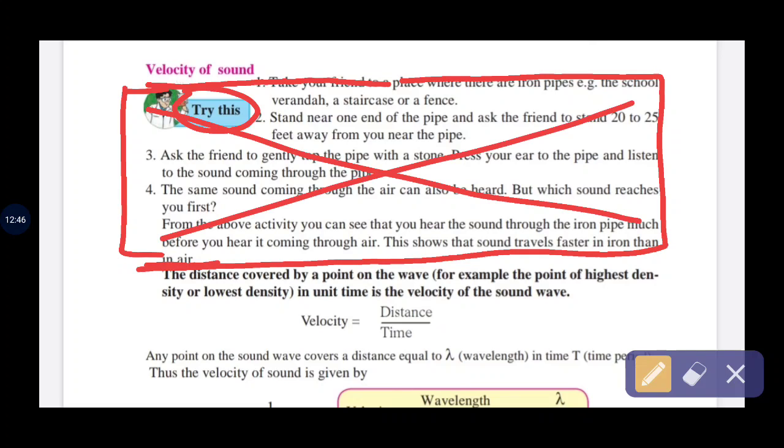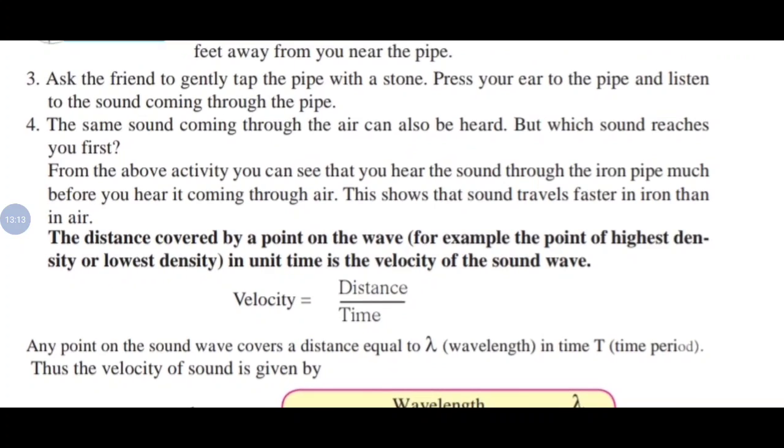All are getting? Next point we learn here is velocity of sound. A simple question is asked here: define velocity of sound. What is the answer given here? Mark the answer from here. That box is omitted; I will show the definition. Mark that definition.